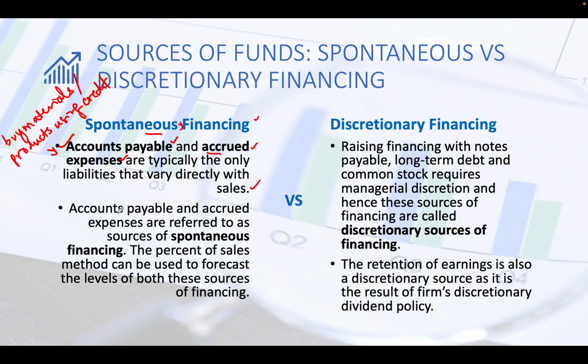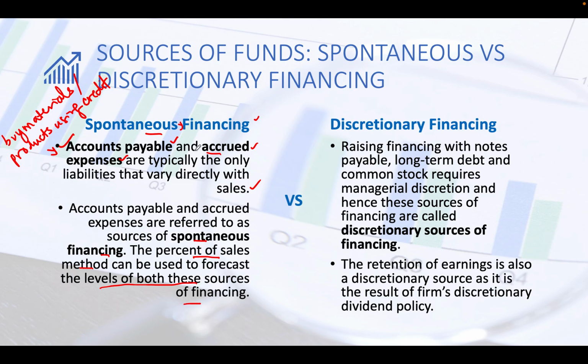Yeah? Okay, account payable and accrued expenses are referred to as sources of spontaneous financing, whereby the percent of sales method can be used to forecast the level of both these sources of financing.